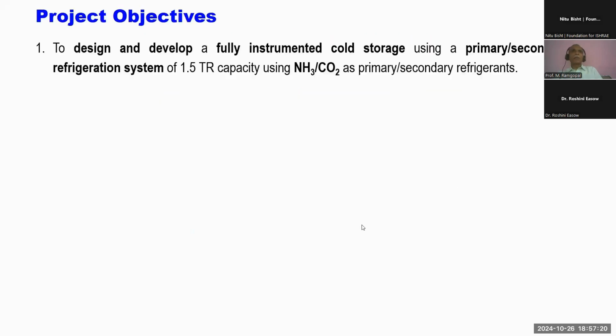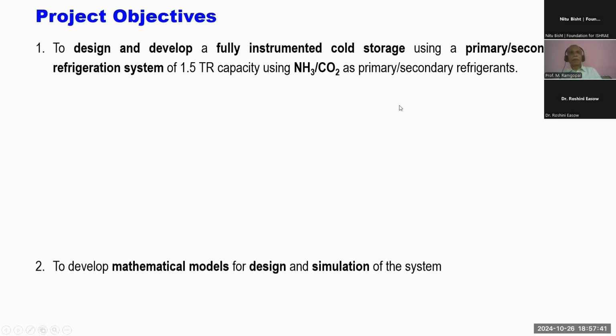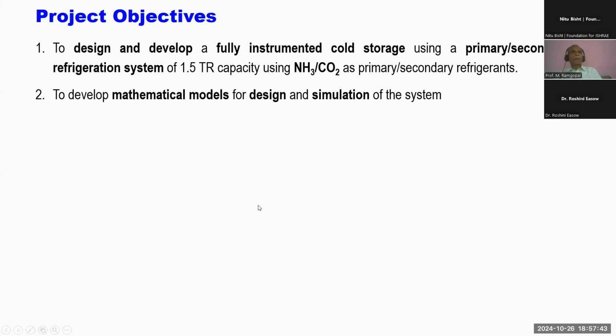So these are the project objectives. Because of the project budgetary constraints, we could not propose a very large capacity system. So we proposed a very small 5,000 kg cold storage with a 1.5 TR cooling capacity, using ammonia as the primary refrigerant and CO2 as the secondary refrigerant. And obviously, we have to develop the complete system simulation model before we design the system.